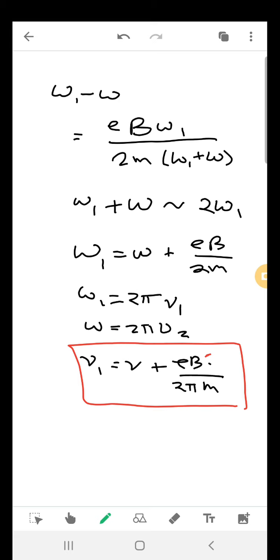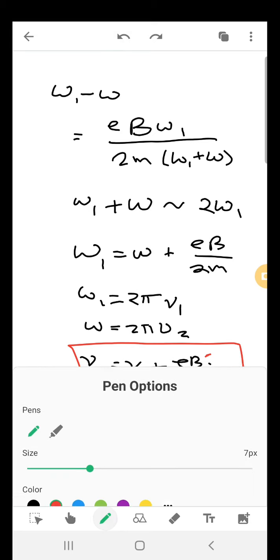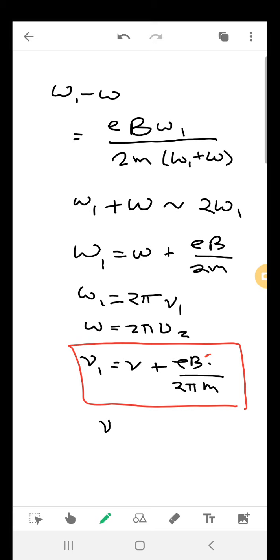Now if the electron moves in the opposite direction, then using the same principle we obtain, for nu2, omega 2 minus omega is equal to minus Be by 2m.